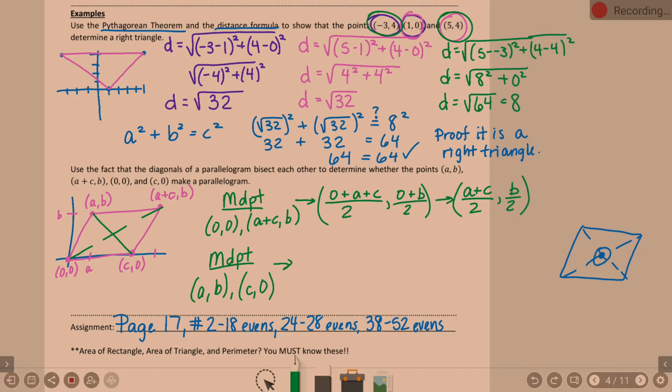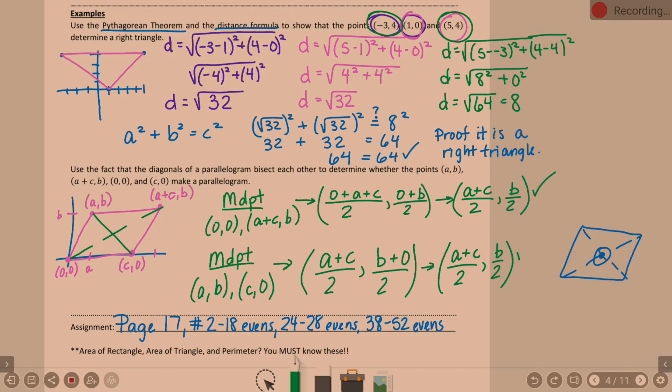Okay, so x plus x divided by 2: a plus c divided by 2. Y plus y divided by 2: b plus 0 divided by 2. A plus c divided by 2 is a plus c divided by 2. B plus 0 divided by 2 is b divided by 2.